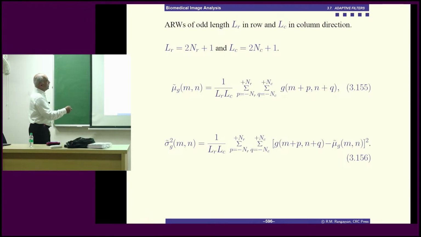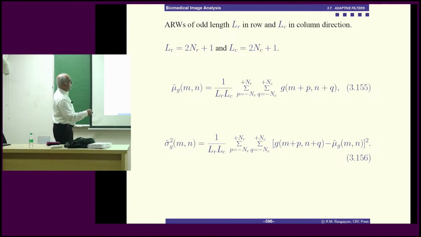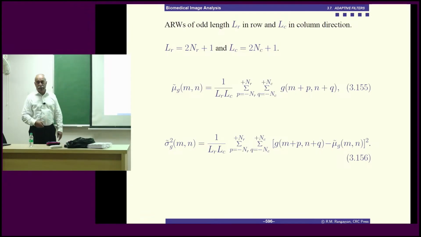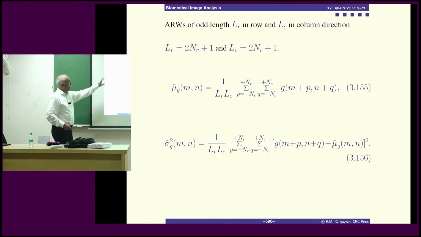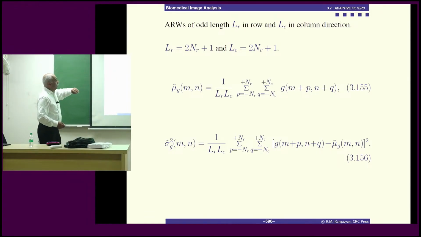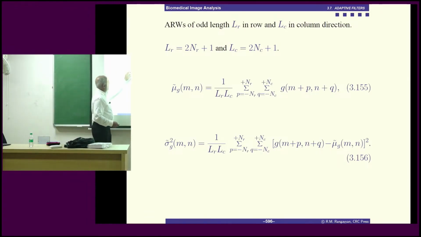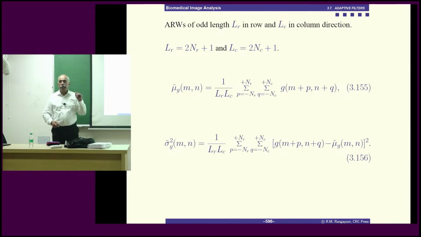So you go minus NR to plus NR, minus NC to plus NC to take the local mean, just adding the pixel values in the window. And local variance is the pixel value minus the mean and then summing and averaging. Right? You have seen these before many times. Now, these are varying pixel to pixel. This is varying pixel to pixel as you filter.